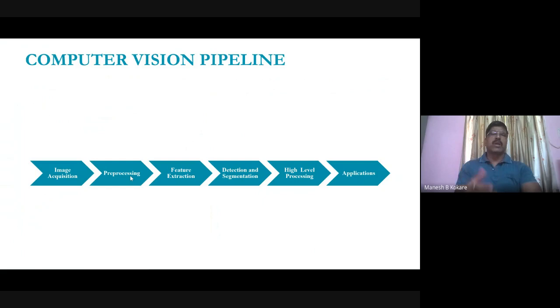So there are image enhancement techniques, image restoration techniques, noise removal techniques, or edge detection techniques. Or suppose for example sometimes it may happen that when you are displaying the image, and that display is not gamma corrected, then the image will not be displayed very correctly, so you have to do the gamma correction.